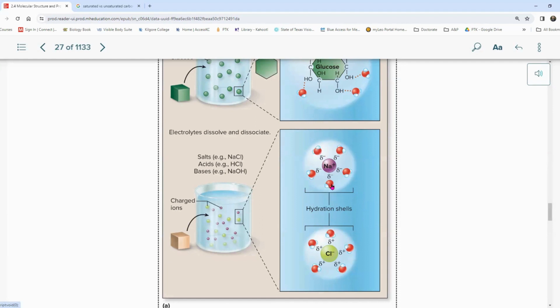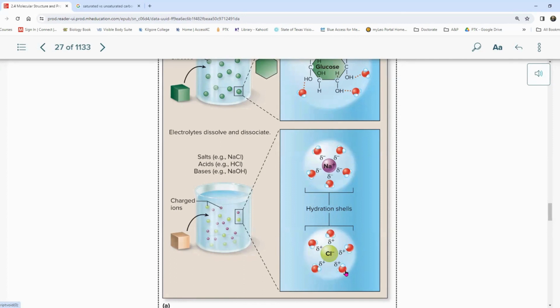So remember, oxygen is negative, and it's going to be attracted to things that are positive, which would be the sodium. If you look down here, you notice that the hydrogens, or the Mickey Mouse ears as I like to call them, are positive. They're going to be attracted to things that are negative, and the chlorine is what is negative. So you see that they start forming around, kind of like getting ready to gang up on this poor little chlorine here.